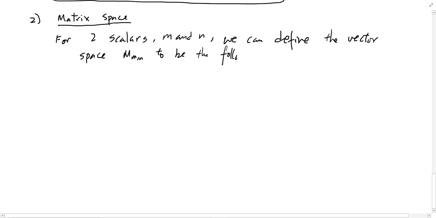Remember, to properly define a vector space, I first have to define the set of objects we're creating. So the set of objects would be the set of all m by n matrices.